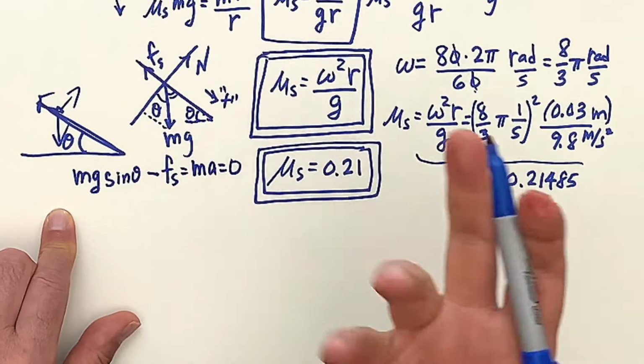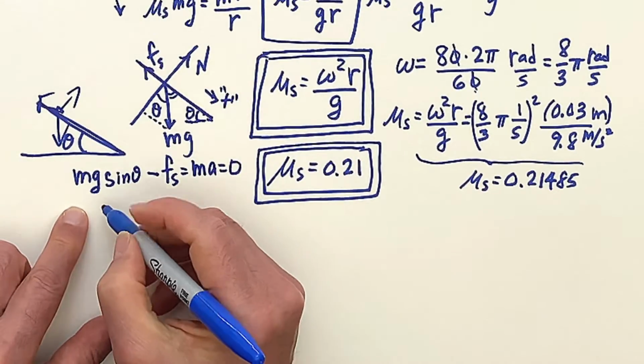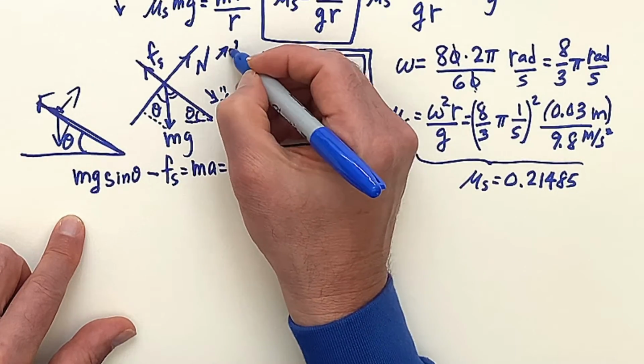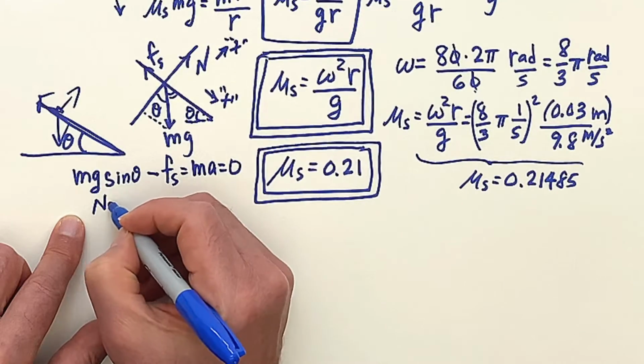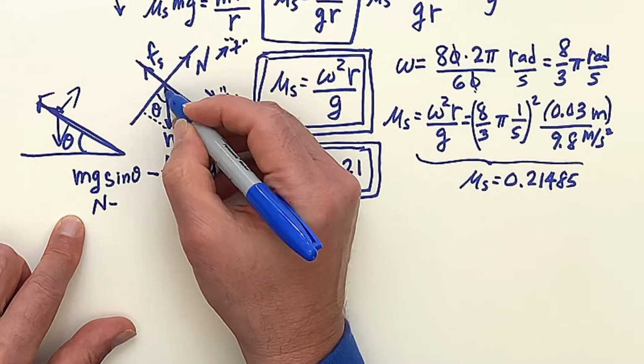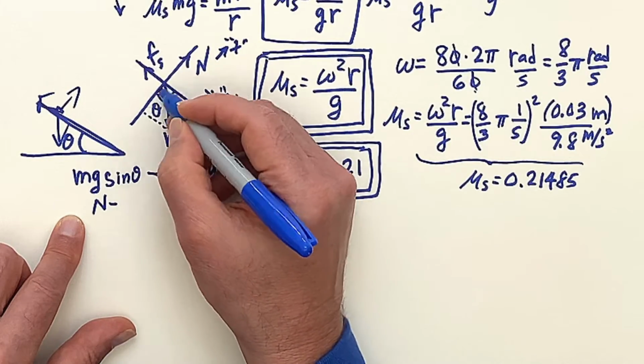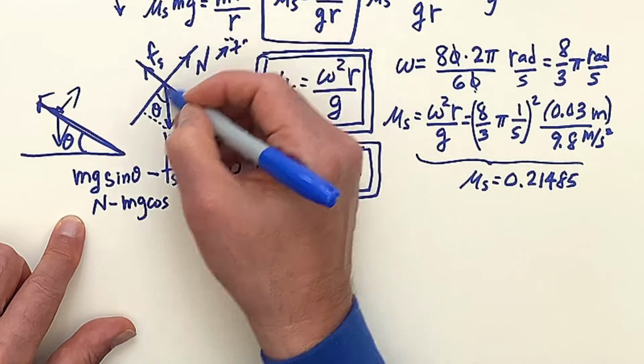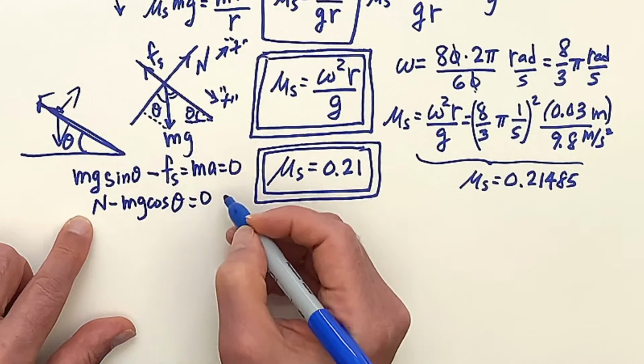It just budges. And then for the other direction, I have n minus mg cosine of theta equal to 0.